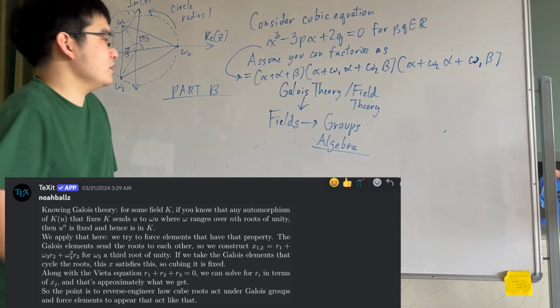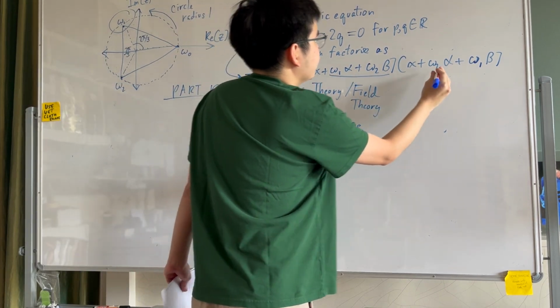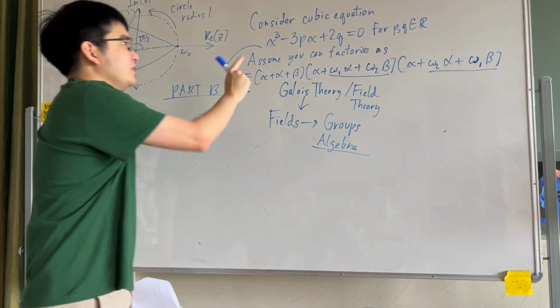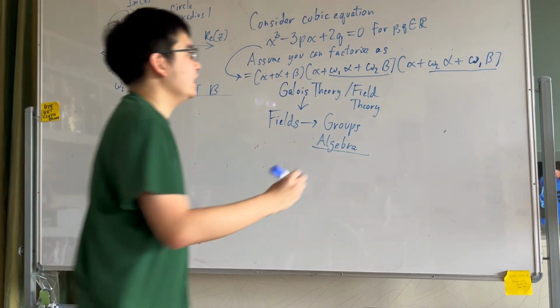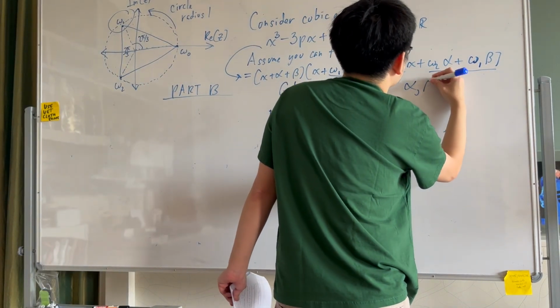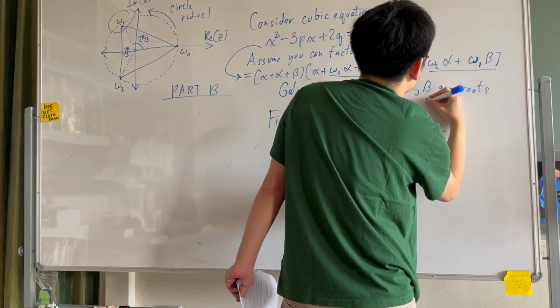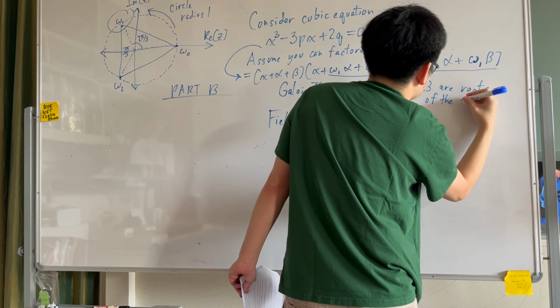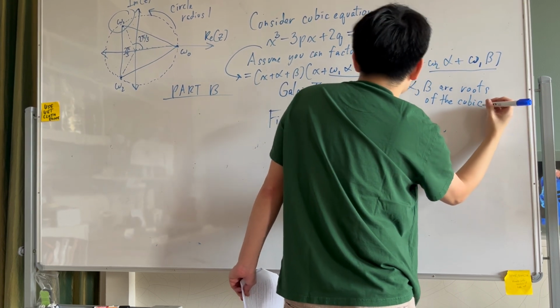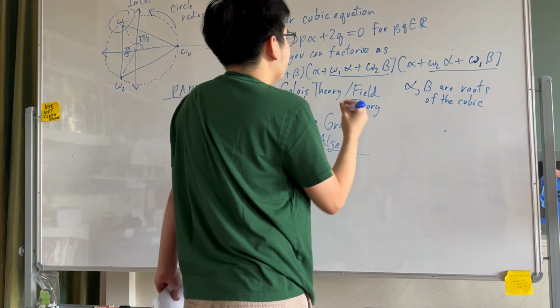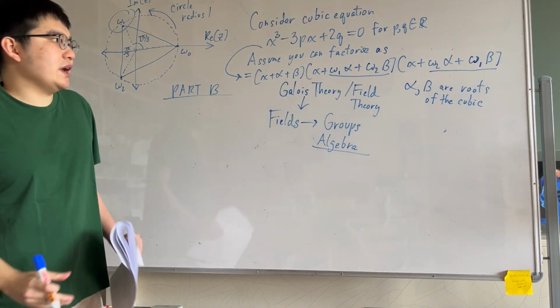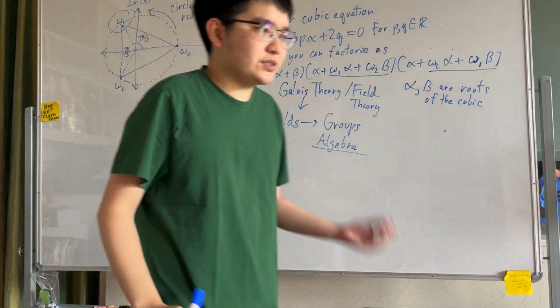As far as I can tell, this thing here, oh sorry, I should mention what the alpha and beta are first, my apologies. Alpha and beta are roots of the cubic. Now, omega 1 alpha plus omega 2 beta here is using some loose terminology from linear algebra.